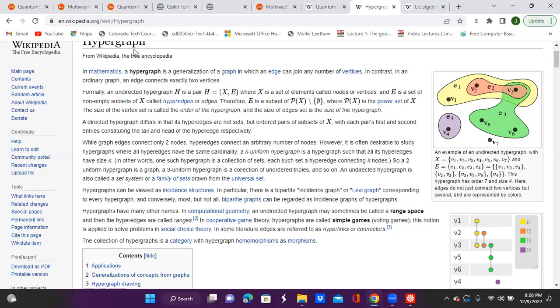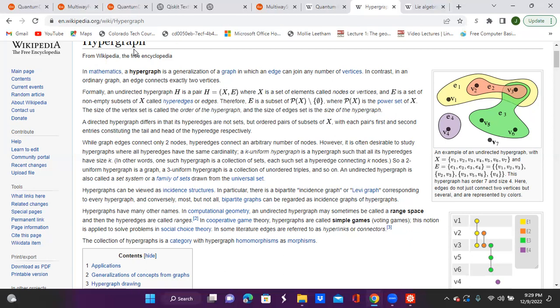So in mathematics, a hypergraph is a generalization of a graph in which an edge can join any number of vertices. In contrast, in an ordinary graph, an edge connects exactly two vertices. Formally, an undirected hypergraph H is a pair H equals (X, E), where X is a set of elements called nodes or vertices, and E is a set of edges, non-empty subsets of X called hyperedges or edges.